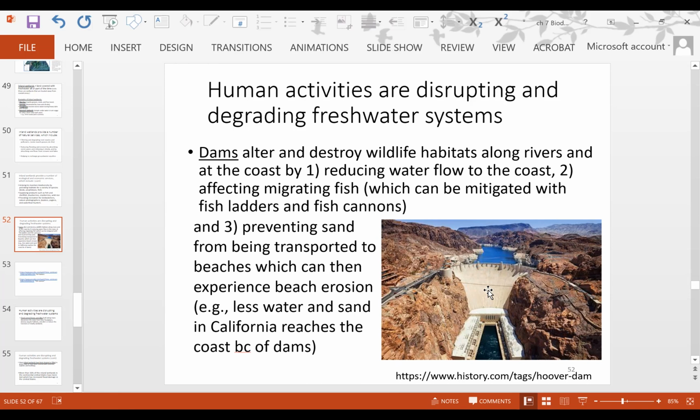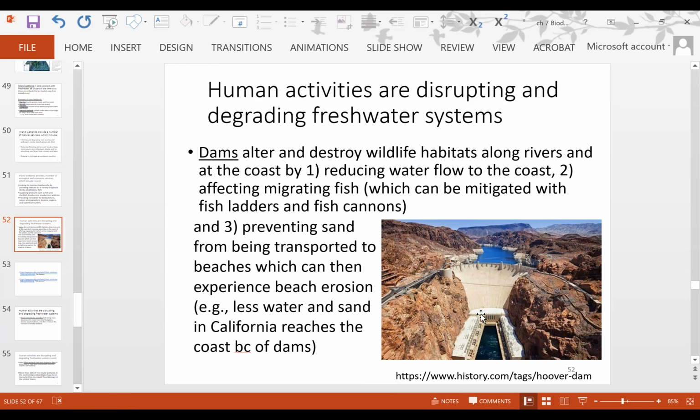So dams alter the habitat of the river. It reduces water flow. So ultimately, when you get to the coast, you don't have a lot of water that would otherwise be coming from the river. You don't have that river water ending at the coast any longer. So it affects estuaries.